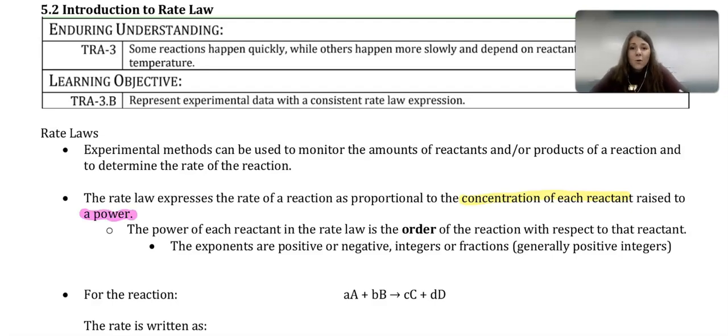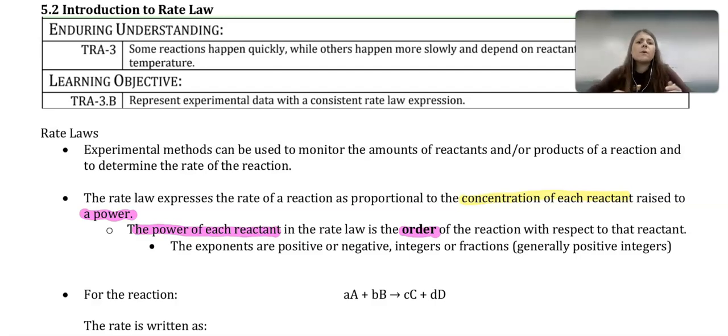Most cases you would want to assume it would be the coefficient in the reaction, but that's not always the case. This power that we raise each of the reactants to is called an order of the reaction. This order can be positive, negative, integers, or fractions.